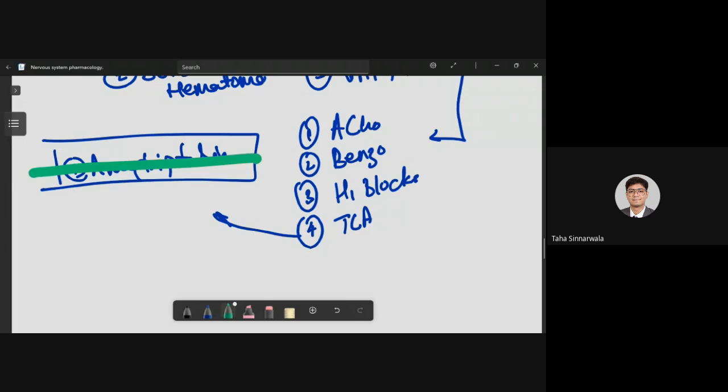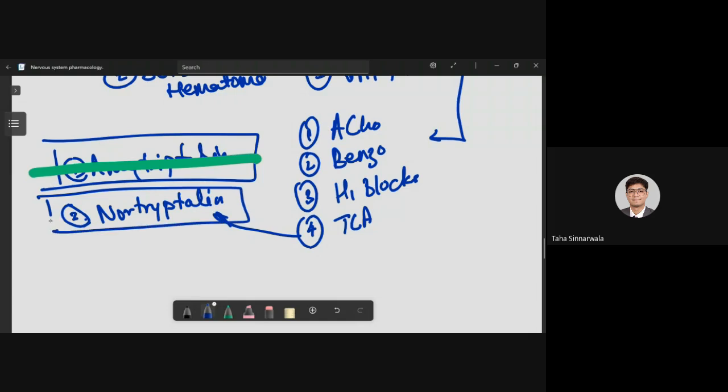So we do not want to give them amitriptyline. Instead, we can give them nortriptyline. This is important: you can give patients nortriptyline even if they're elderly and have neuropathic pain. It won't be your first line choice, but certainly something to consider.